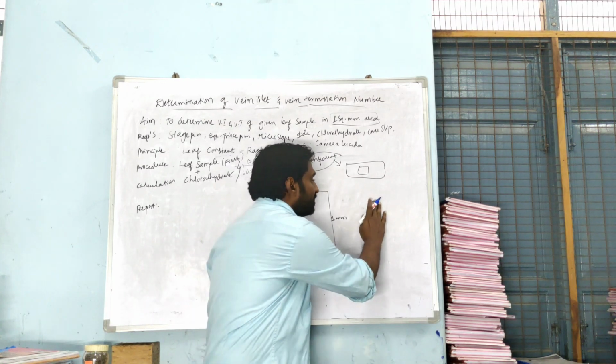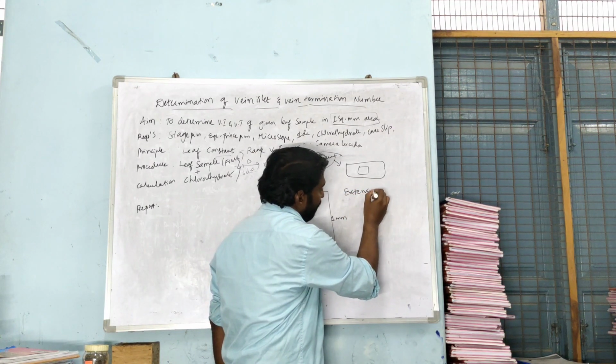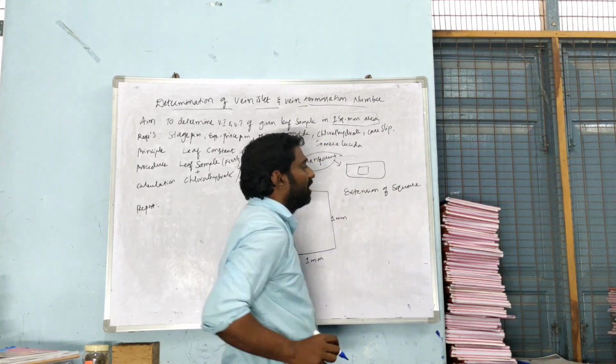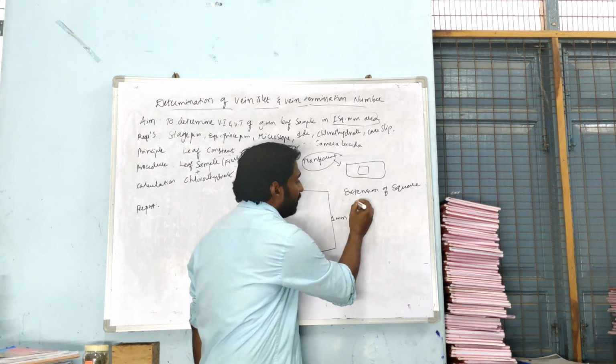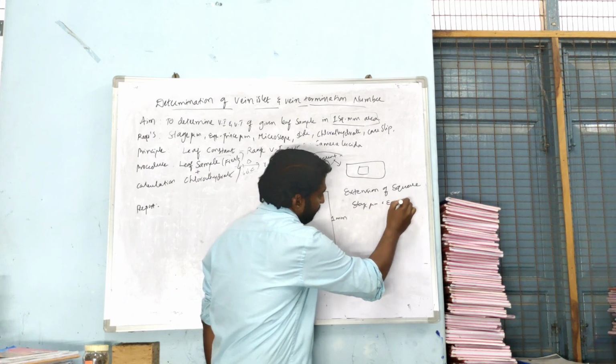Therefore we are supposed to go for a procedure called extension of squares, where a 1 millimeter square can be extended into a larger square by using a stage micrometer and eyepiece micrometer.